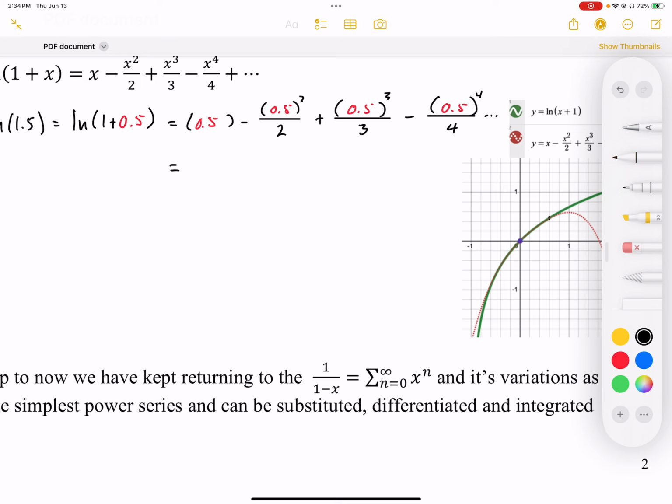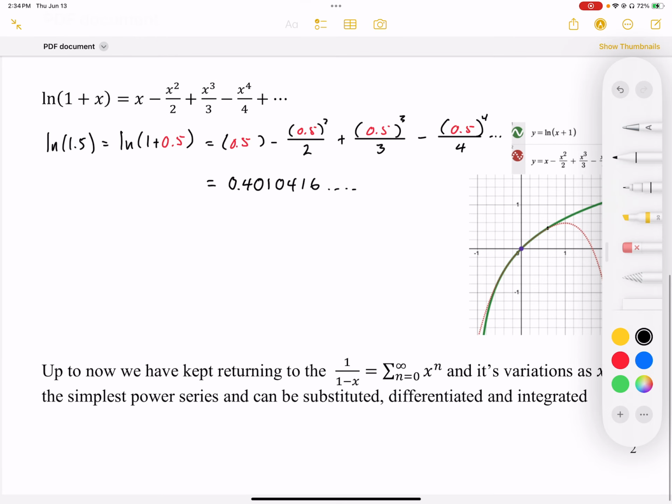So as I do the calculations for the polynomial, when I type this all into the calculator, I'm going to end up with 0.401, 0.416, and it looks like it just repeats after that. Okay, so that's my approximation of log of 1.5 using the polynomial.